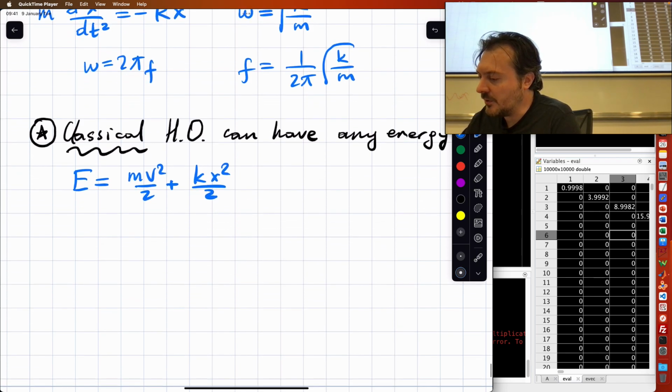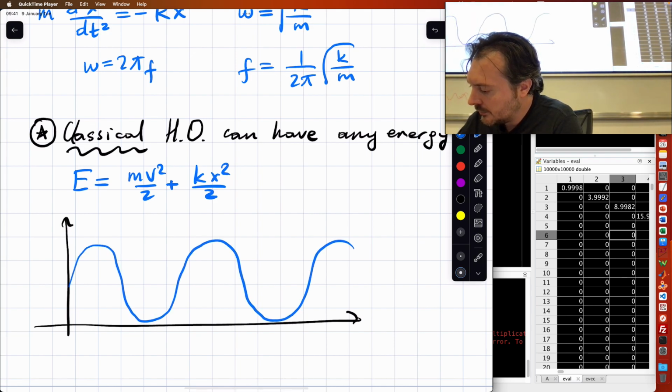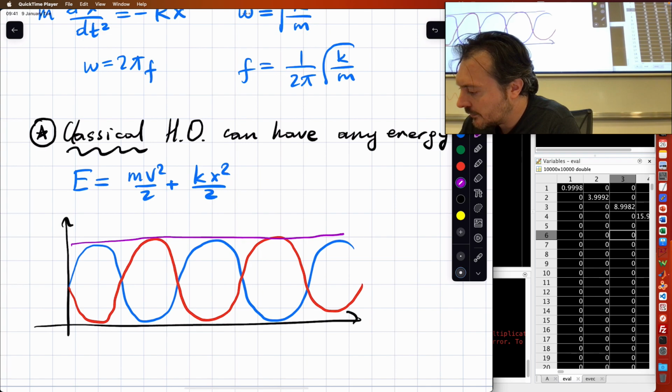And if you remember, if you plot it, let's plot the kinetic energy, let's say it goes like this. Then the potential energy goes like this. And the total energy is constant.